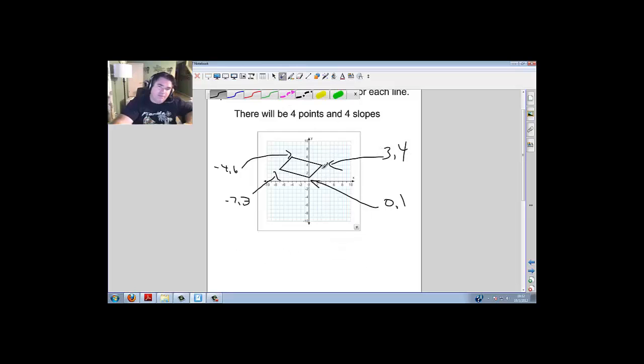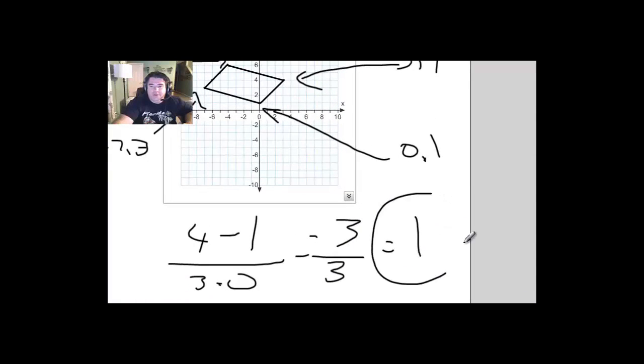So I got 3, 4, 0, 1. So y2 minus y1, so 4 minus 1, over 3 minus 0. 4 minus 1 is 3, and 3 minus 0 is 3, equals 1. So I can tell that for both this and this, my slope is 1.